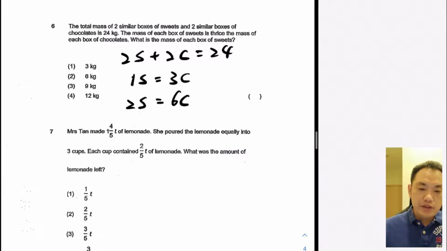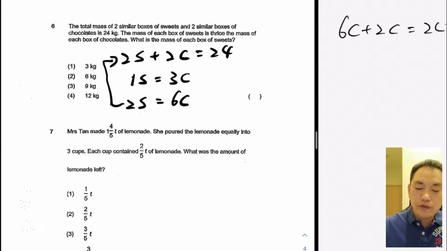So if 2 sweets equal 6 chocolates, then in the first line, whenever you see 2 sweets, you can replace that with 6 chocolates. So in the first line, you can also rewrite as, let me write on the right hand side, 6 chocolates plus 2 chocolates equals 24. So totally 8 bags of chocolates equals 24.